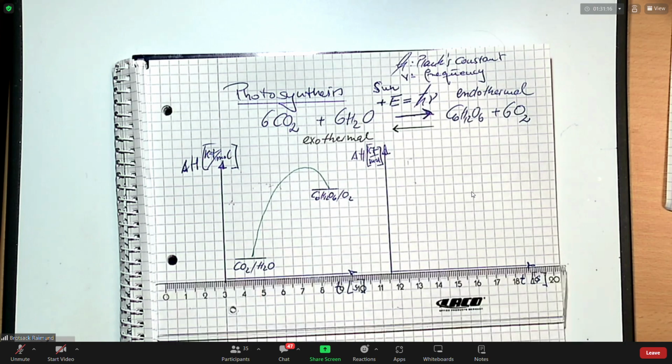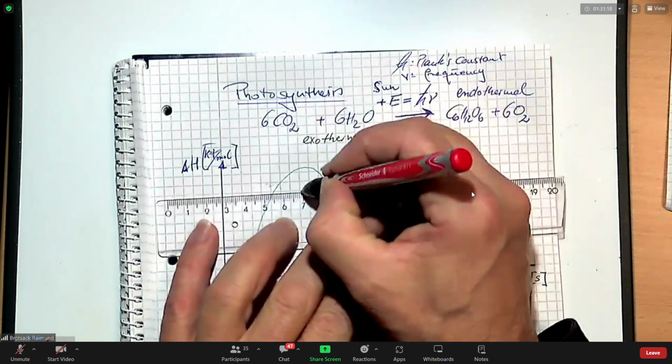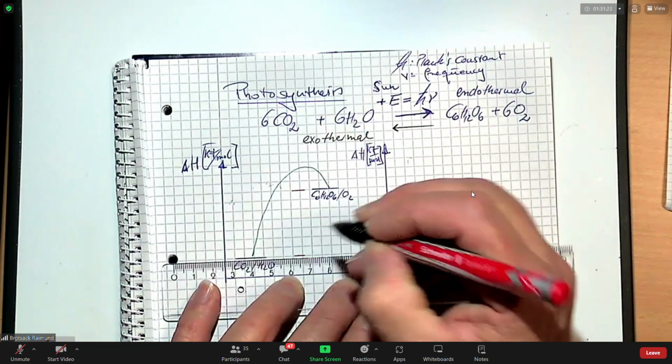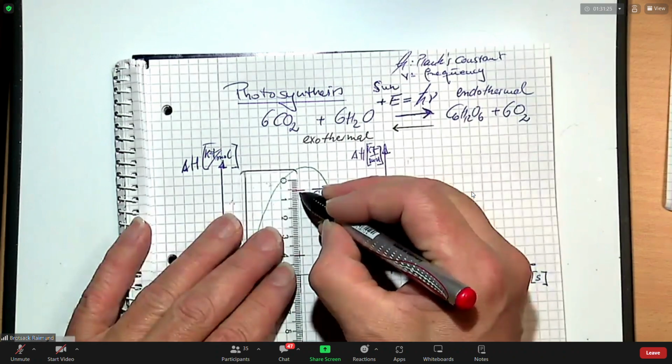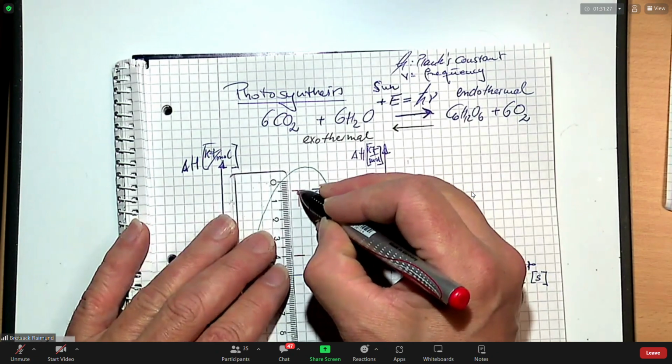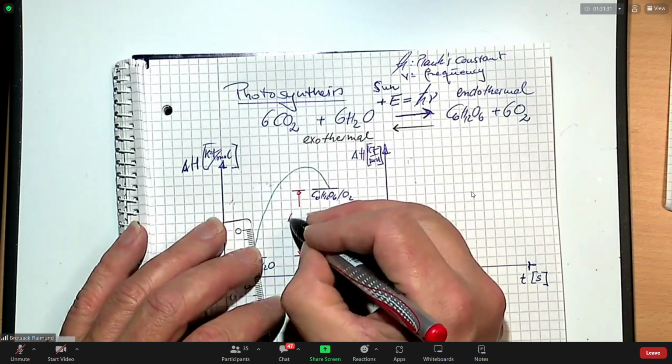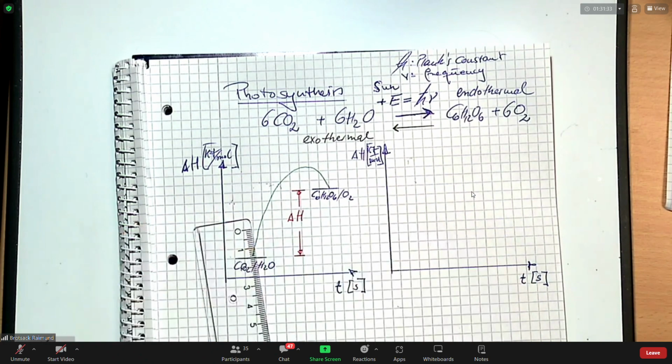The delta H, the energy difference of those two levels, is what is stored in the biomolecule. Delta H, and of course that's endothermal. We have to invest energy to create these molecules.